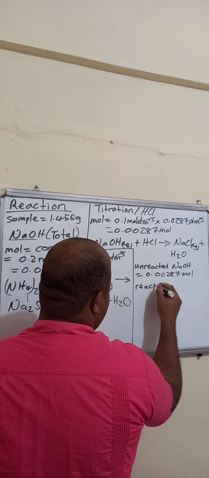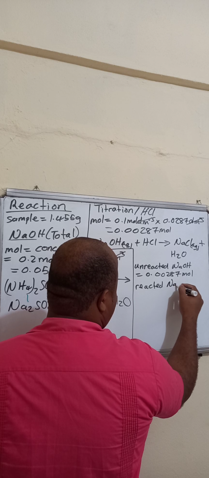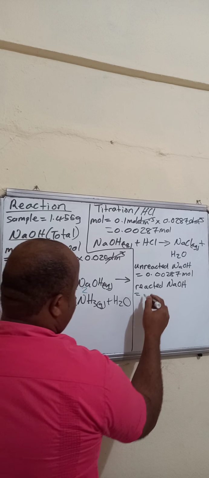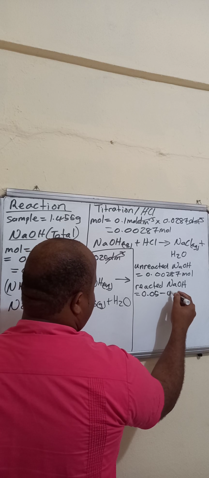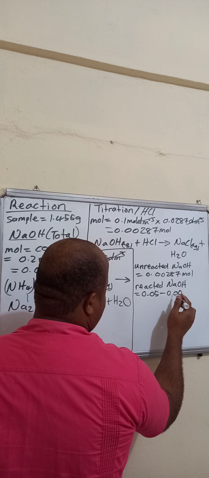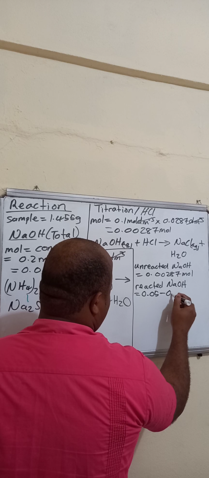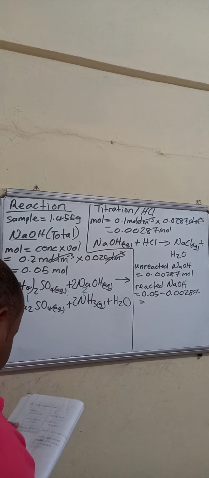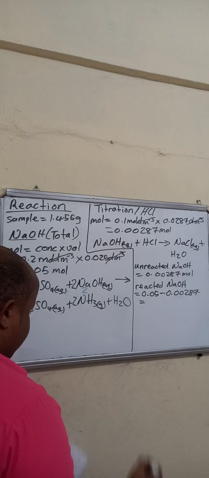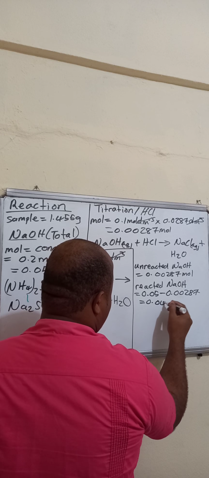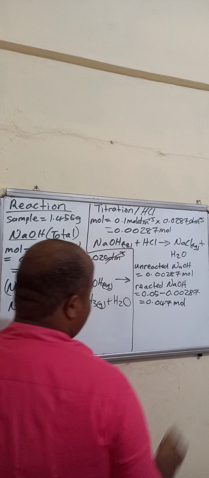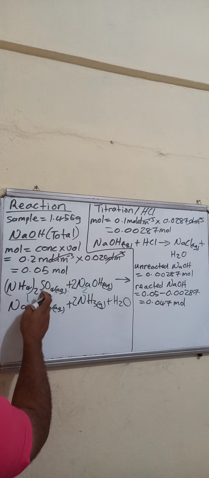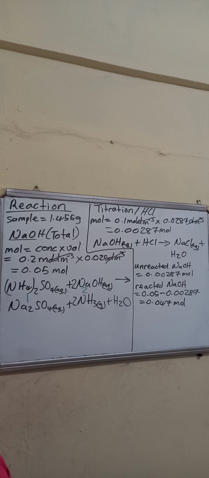So the reacted NaOH is equal to 0.05 take away 0.00287. And we end up with 0.047 moles. Alright, so that's the amount of sodium hydroxide that react with your ammonium sulfate.